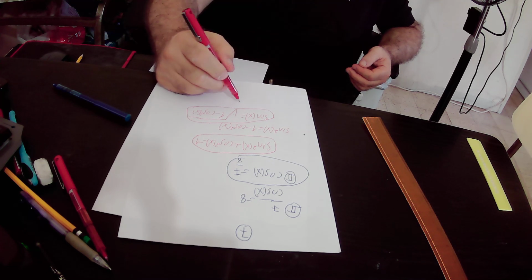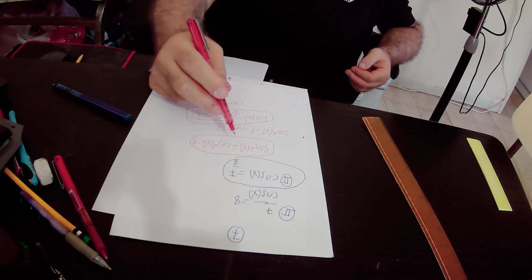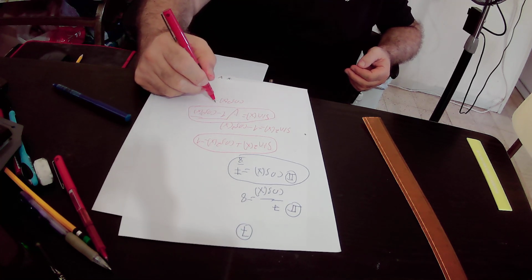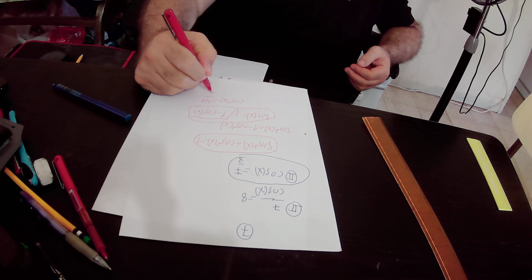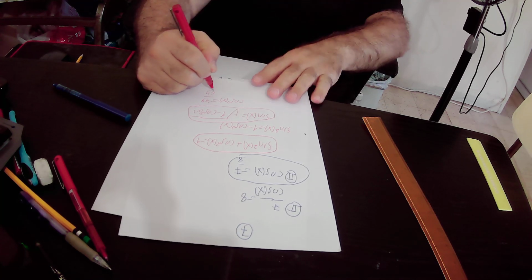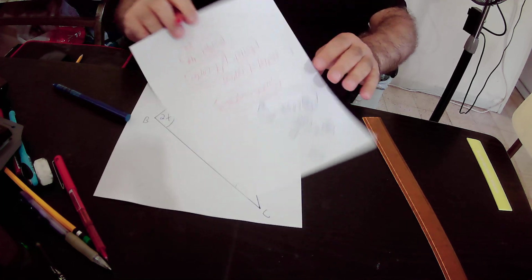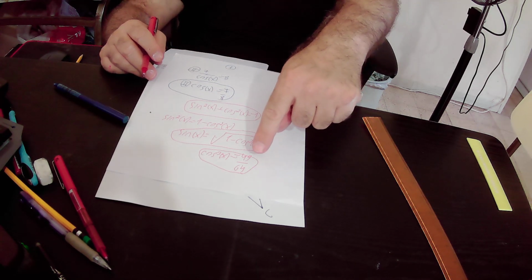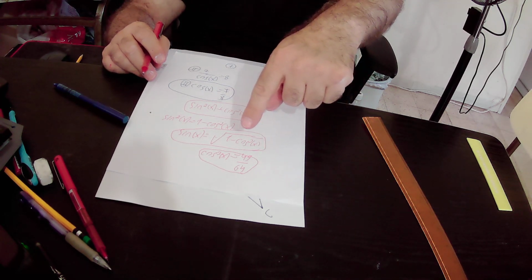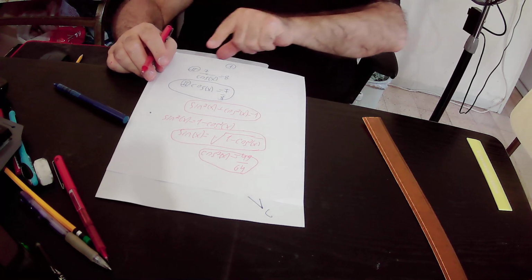So cosine square x will be equal to 7 squared, that is 49, over 8 squared, that is 64. So we will substitute cosine square x by 49 over 64.